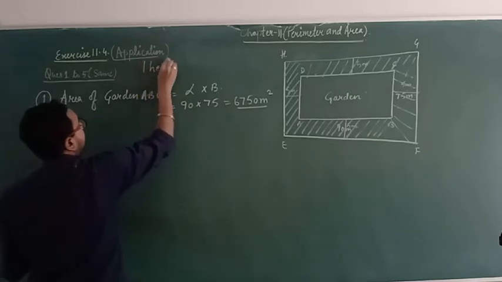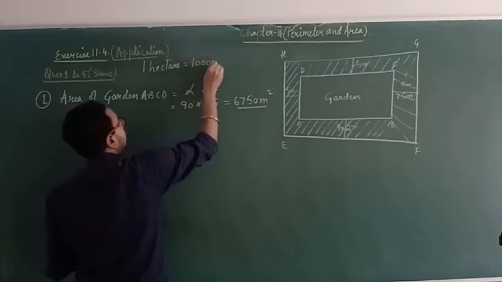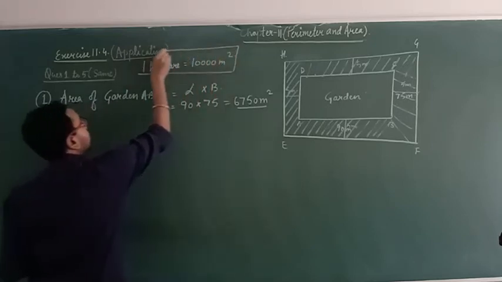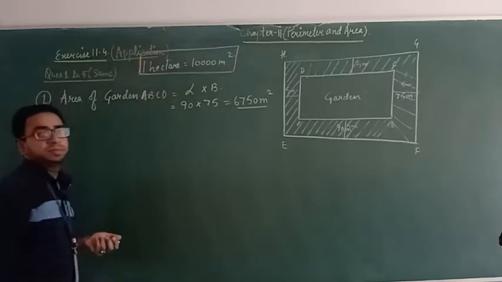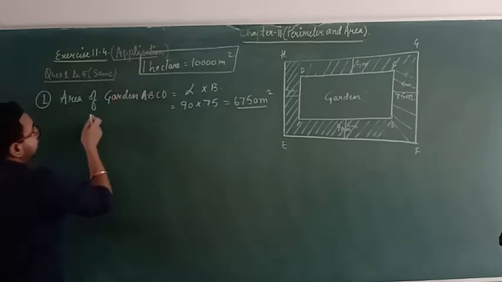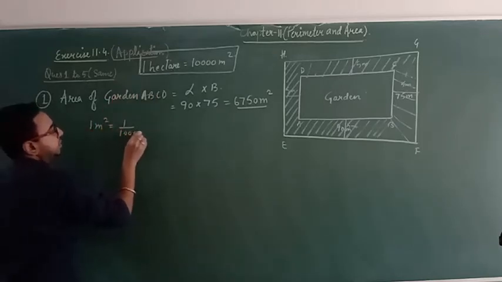1 hectare, please note down, this is a very important conversion. 1 hectare is equal to 10,000 meters square. This is an important conversion on the basis of application. So we can say 1 meter square is equal to 1 upon 10,000 hectare.